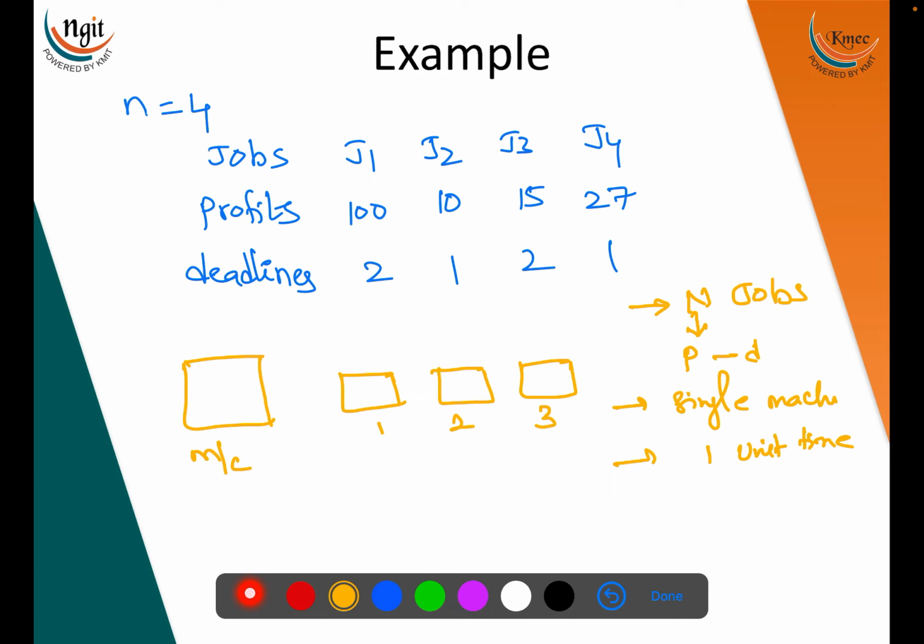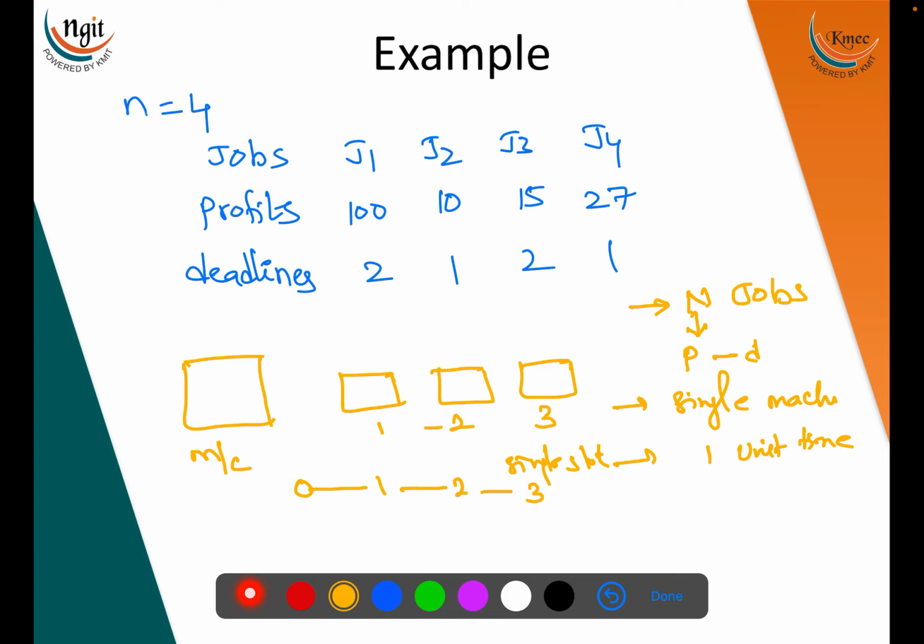It is natural that you cannot finish all 3 jobs on a single machine in a single slot. If the system takes 1 unit of time to process each document, obviously we need 3 units of time. That means we take 3 slots: 0 to 1 is one slot, 1 to 2 is another slot, and 2 to 3 is another slot.